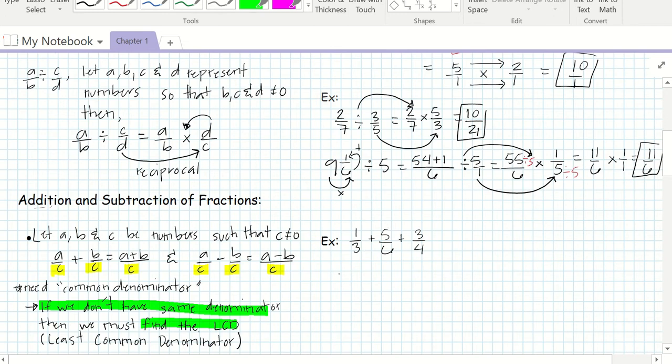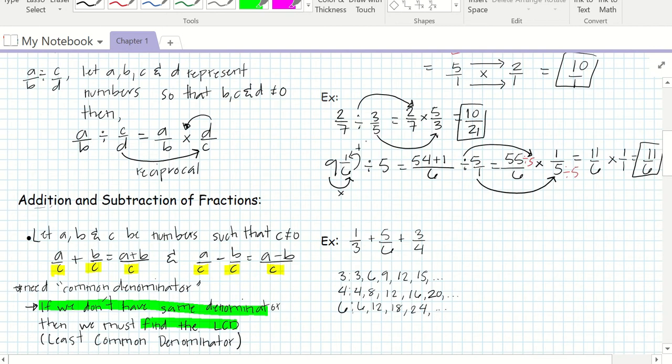So for the times table of 3, I'm going to go ahead and write down the times table of 4 and the times table of 6. So for 3 we have 3, 6, 9, 12, 15, and so on. For 4, we have 4, 8, 12, 16, 20. And for 6, we have 6, 12, 18, 24, and so on.